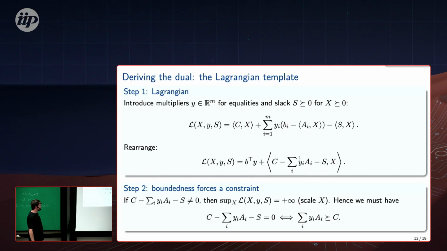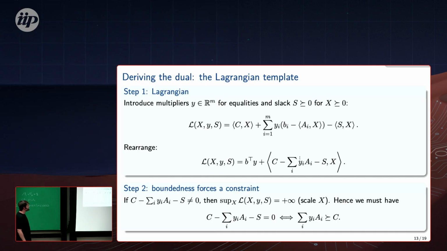Which means that C minus sum of y_i A_i minus S, which is just some slack variable, has to be 0. So we see that C minus sum of y_i A_i has to be positive semidefinite.